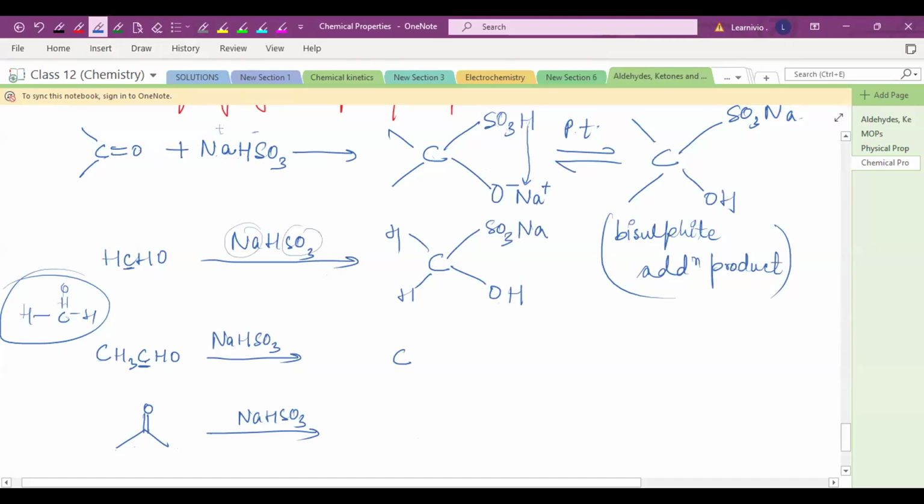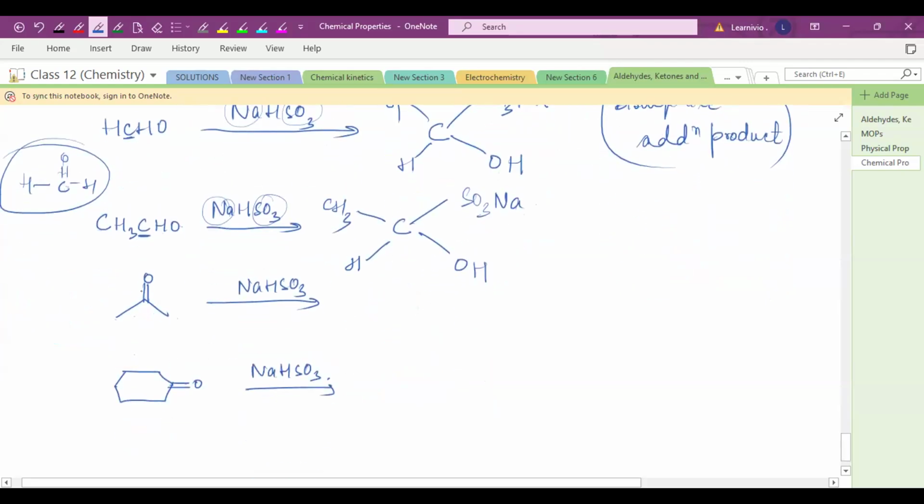Now similarly here, this carbon has one CH3 group and one hydrogen. So this oxygen के साथ आपने क्या attach करना, hydroxyl group. Now the remaining part, the sodium and SO3. So SO3 and Na will get attached over here and you will get this.